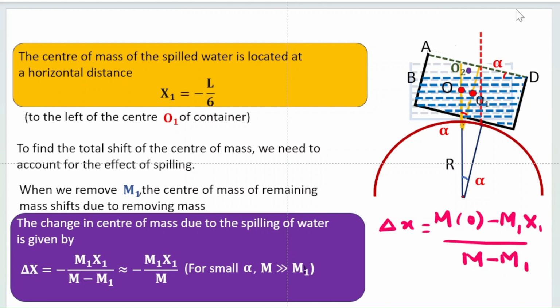This total mass is supposed to be on this reference line. On this reference line, its horizontal coordinate is 0. From this reference line, the removed mass is at a distance x1. Therefore, I can write minus m1 x1. This is the formula in the negative mass concept. Therefore, I can write like this: delta x is equal to minus m1 x1 by m minus m1.